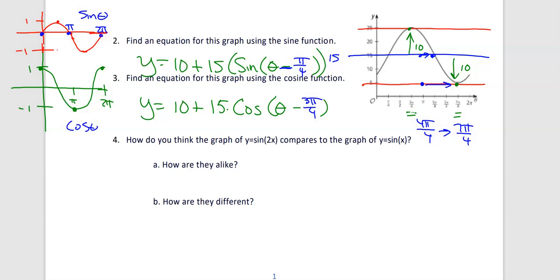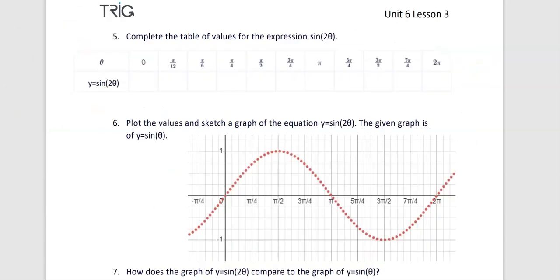And we actually, last class period, talked about this value, what Delta Math called the b value. You've already seen how the b value impacts the graph, so can you talk a little bit about what you think is going to happen? With our Delta Math, we were given equations and graphs, and we came up with the equation based on looking for the period, the amplitude, and the midline.